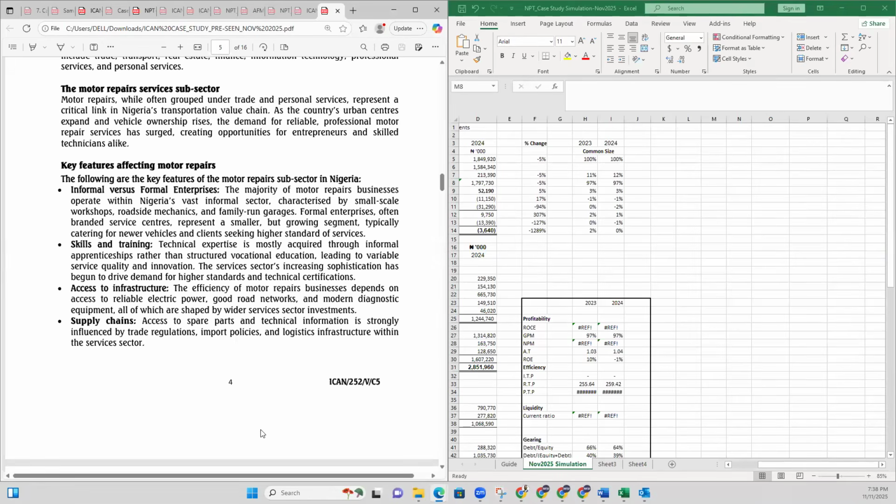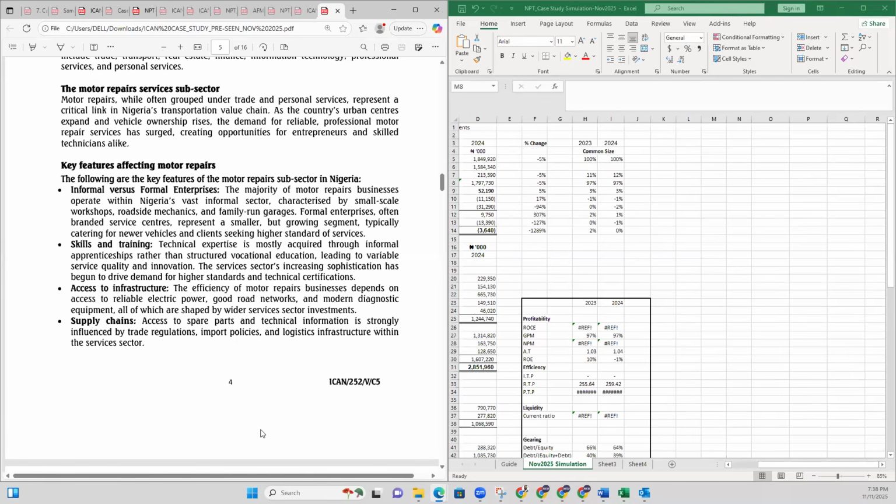Technical expertise is mostly acquired through informal apprenticeships rather than structured vocational education, leading to variable service quality and innovation. The services sector's increasing sophistication has begun to drive demand for higher standards and technical certifications.